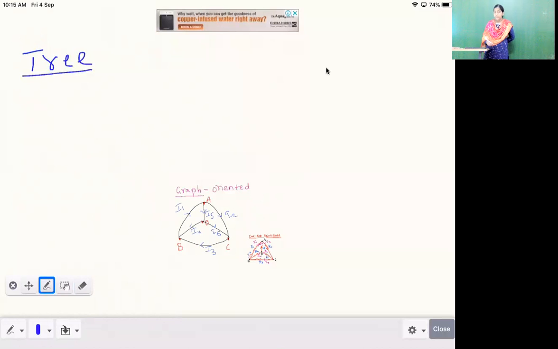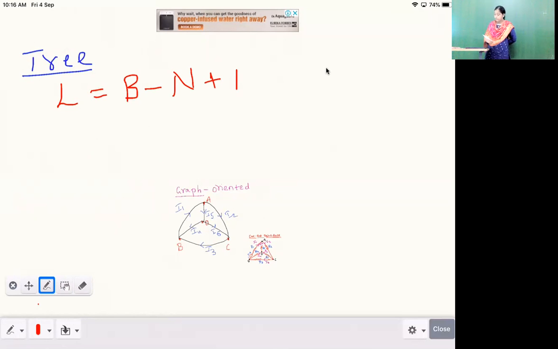Okay, now in order to draw the tree, I have to first find out the total number of links which are present in my graph. So what is the formula that we have? The total number of links is given by B minus N plus 1. That is total number of branches minus the total number of nodes plus 1.